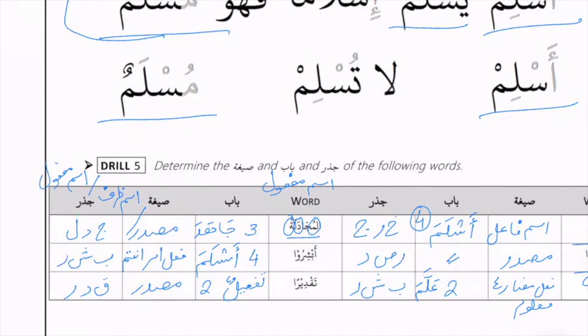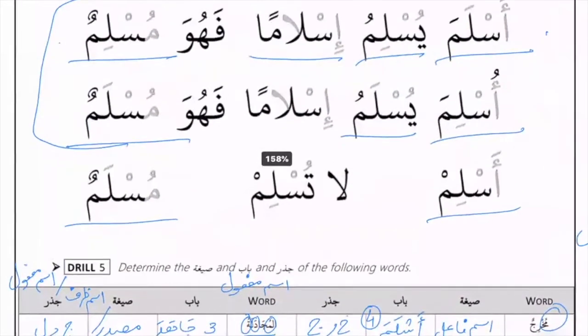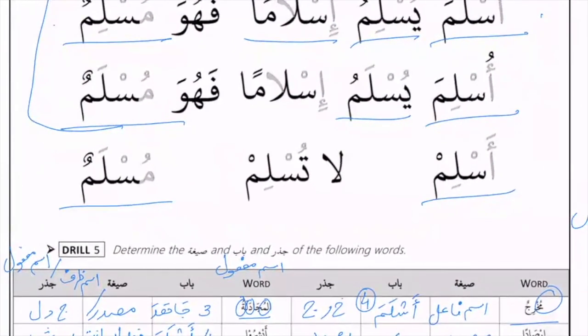Okay, so now if we move on to the next one, abshiru. So abshiru is matching. Look over here where it is matching. This is antum, right?